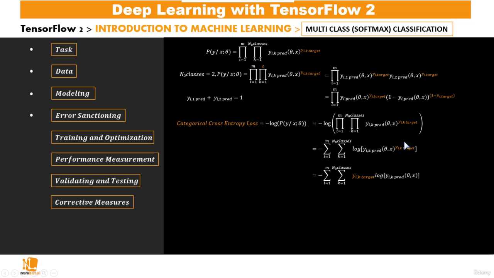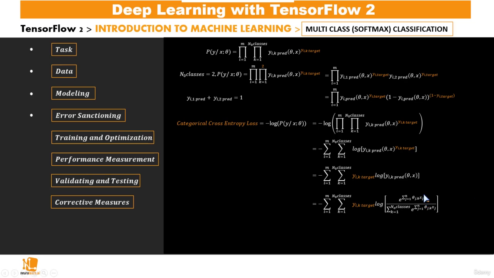And then we send this y_ik target this way using the rules of logarithm. We have y_ik target times log y_ik pred. And then finally, since we know that y_ik pred is actually this, because at the level of the output, we apply a softmax on the theta_jk x_j outputs.